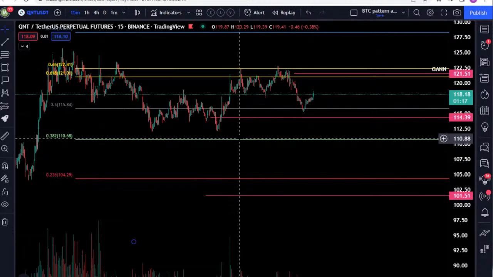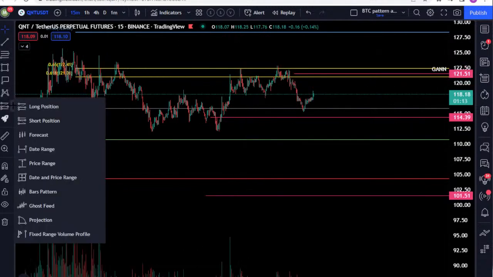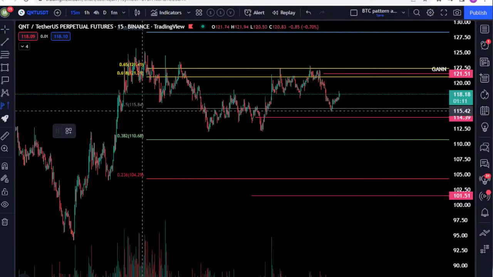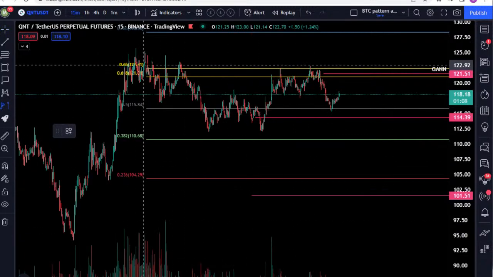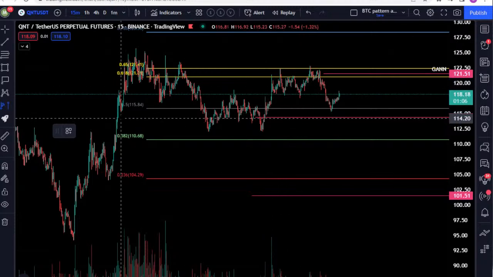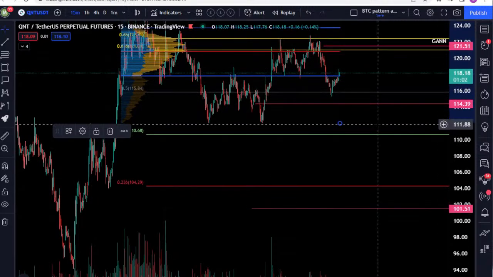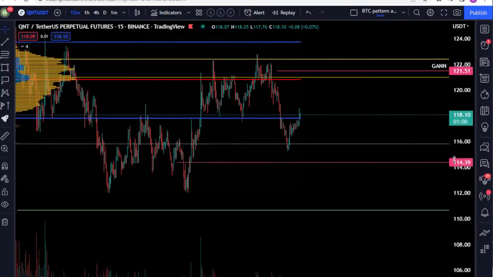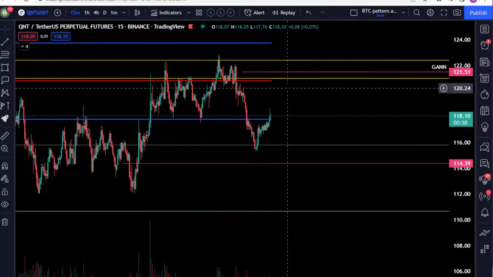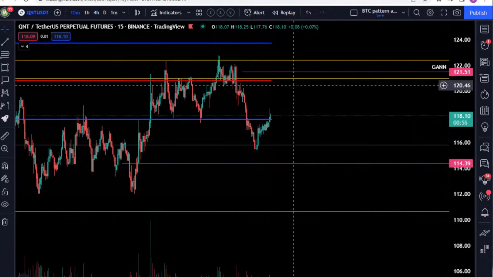You could take another fixed range volume profile from here. You could take it for this entire range, because this was a range essentially. Take it from here to there. We are at the value area low. We are above it. Point of control is a possibility.